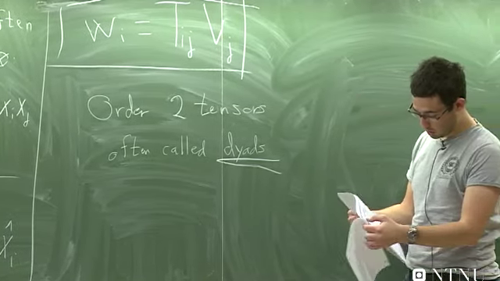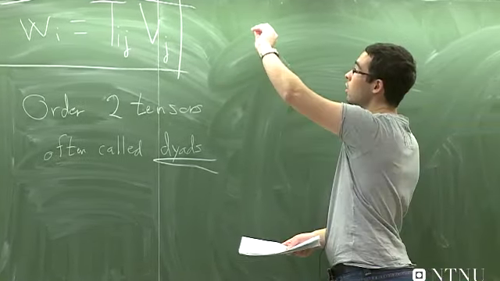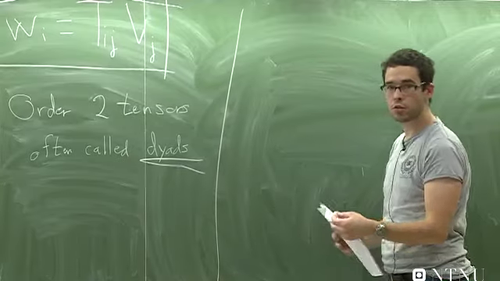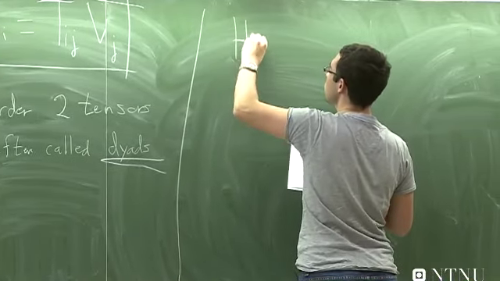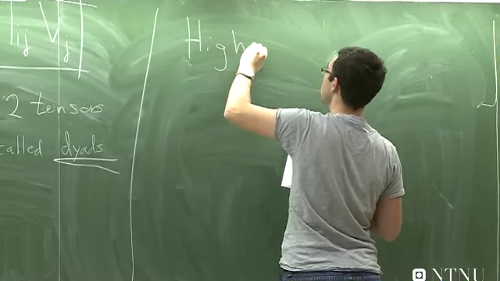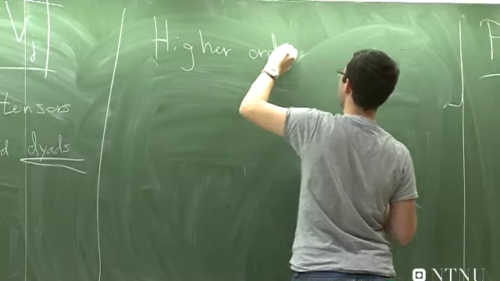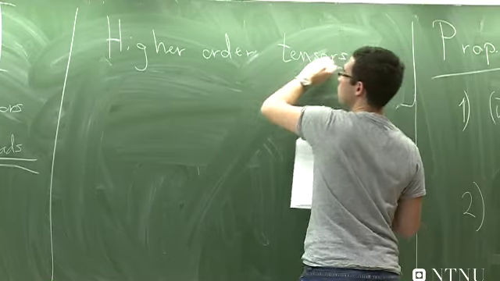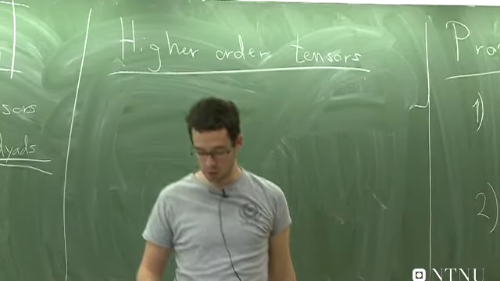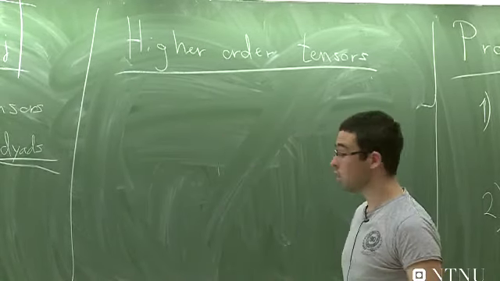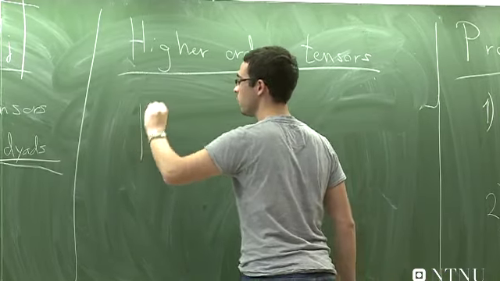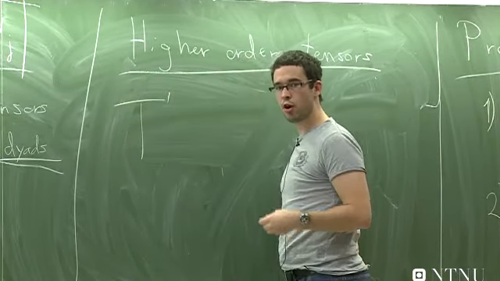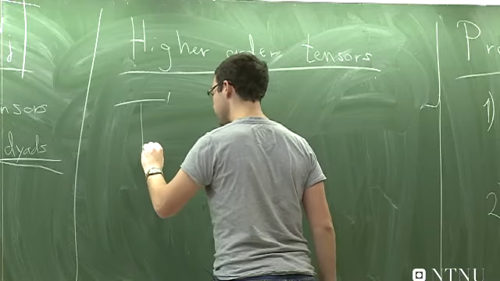Okay, and we also have in general higher order tensors. And they basically behave like the tensors you've already seen in the following fashion. As always, defined by their transformation properties.